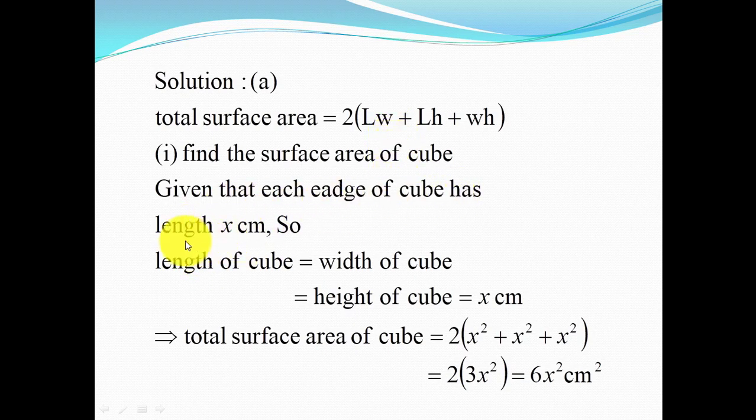So length multiplied by width, x multiplied by x, is equal to x square. This is also x square, this is also x square. This becomes 3 times, and 3 multiplied by 2 is equal to 6. So the total surface area of the cube is equal to 6x square centimeter square.